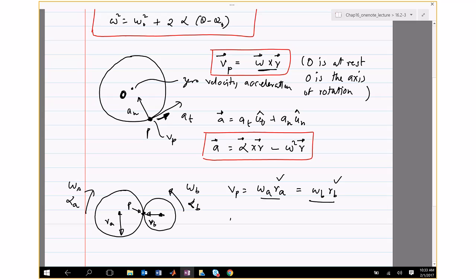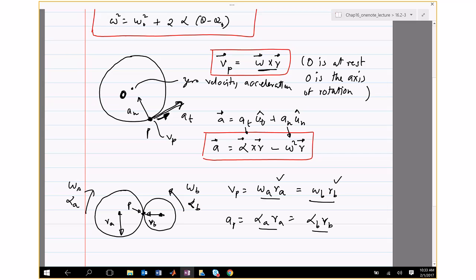Also, acceleration of P is alpha A RA equals alpha B RB. The reason for writing only alpha A RA is because I'm only looking at the tangential component, AT. This is the tangential component. This is the normal component. The tangential component should be the same, and that's why I get this.